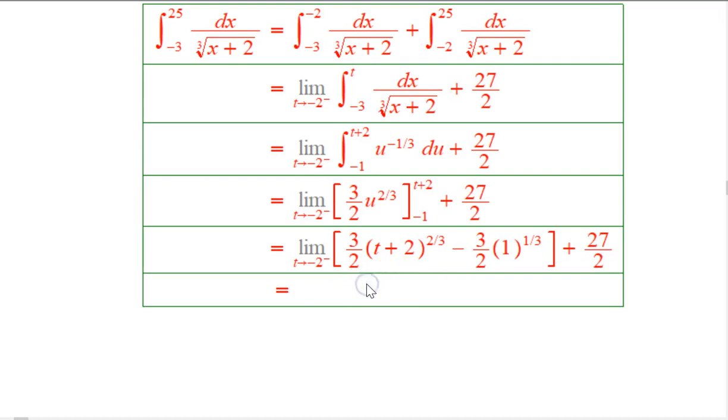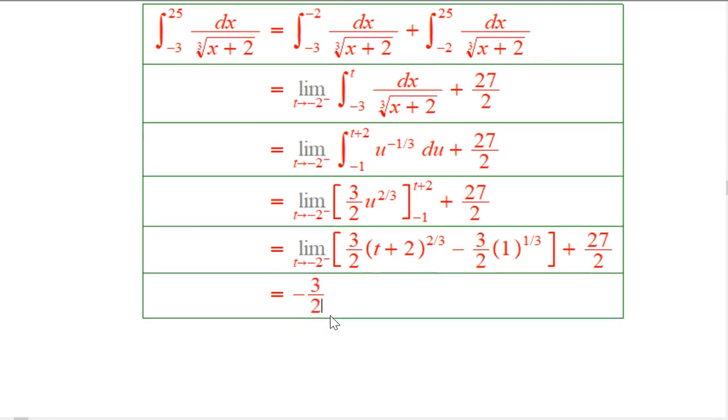Okay. Now, very much like what we had before, because the negative exponent here has turned to a positive one, when I plug in t equals -2, this is a perfectly nice continuous function, and this evaluates to 0. So that dies. This is just a number, and so I get -3 halves plus 27 halves. And that's exactly what I expected from the picture.